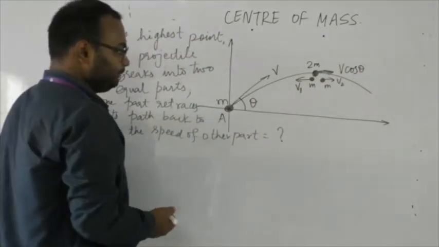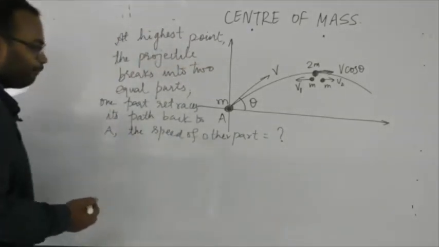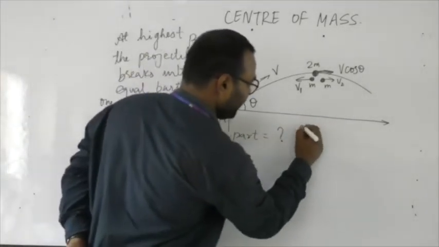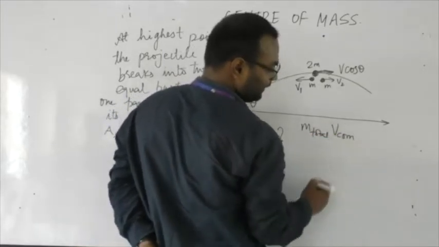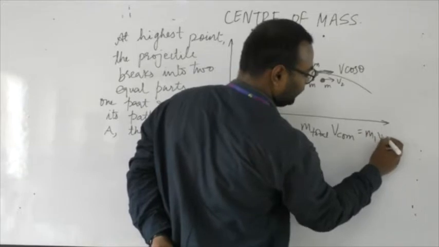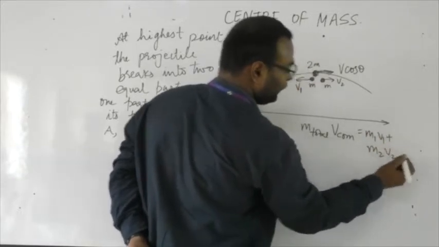Now that means you can write M total into v of center of mass equals m1 v1 plus m2 v2.